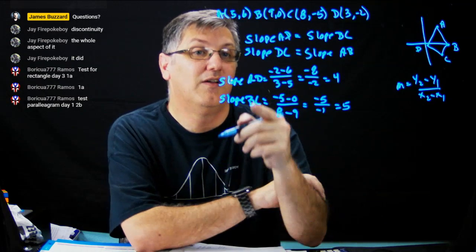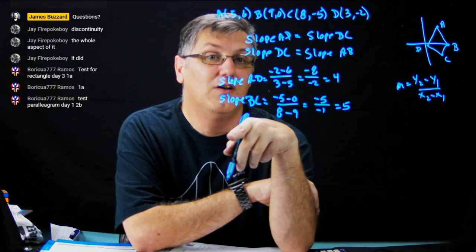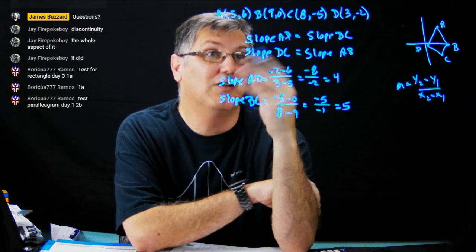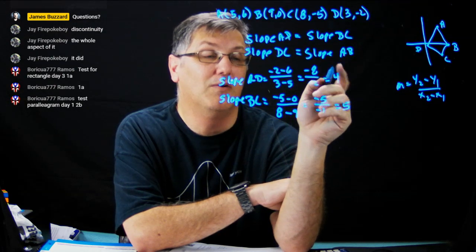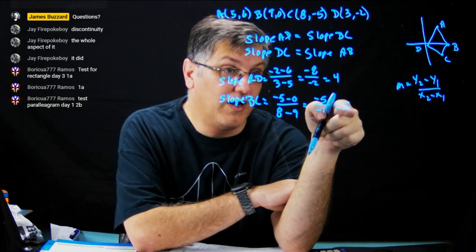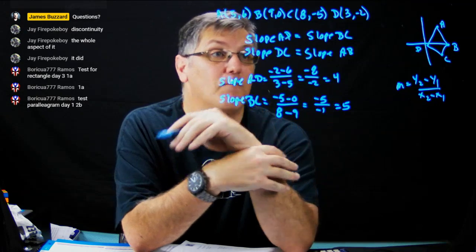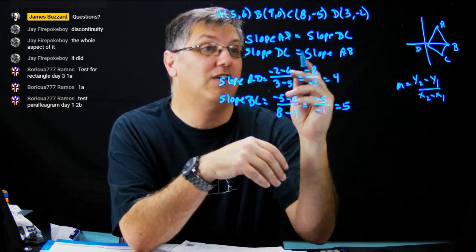Hey, guess what? Because slope AD is not parallel to slope BC, this is not a parallelogram. Because these two right here don't match. They have to match for it to be a parallelogram. Then you have DC and AB.